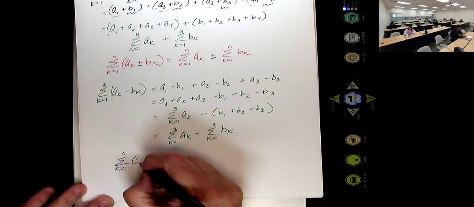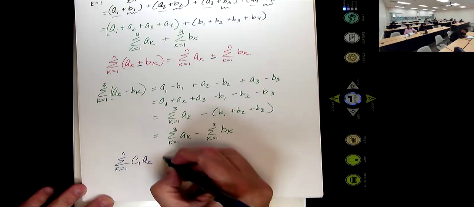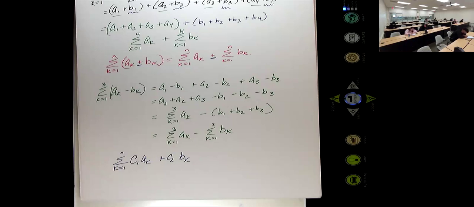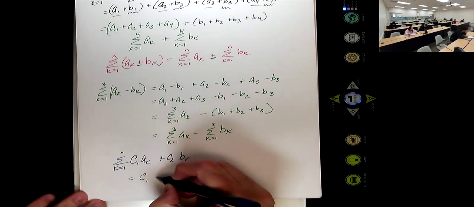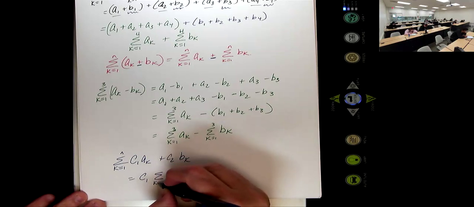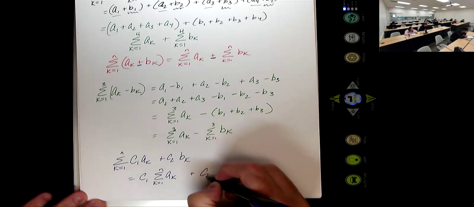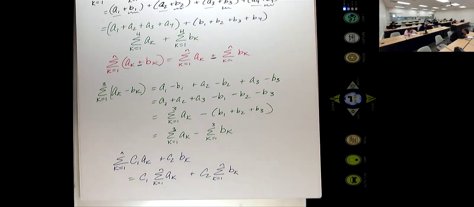If I had C1 times A sub k plus C2 times B sub k, that splits in, I pull out the C sub 1 and make an A sub k summation, and then I pull out the C sub 2 and make a B sub k summation. And we'll do an example with this in a second.